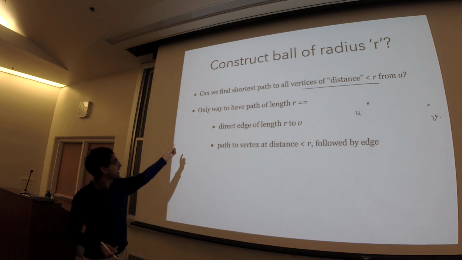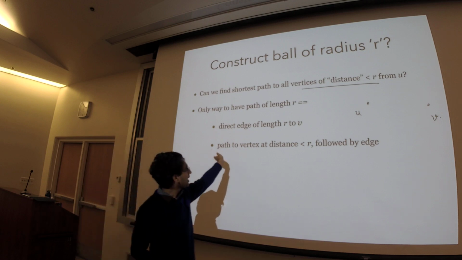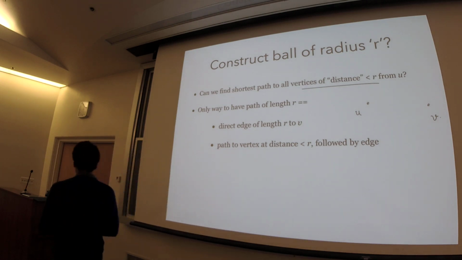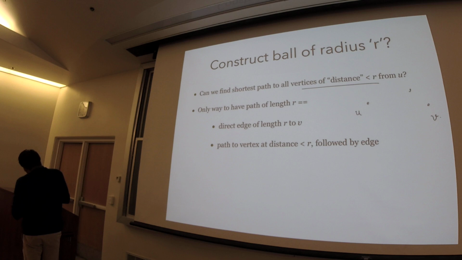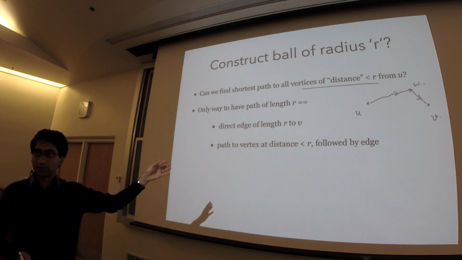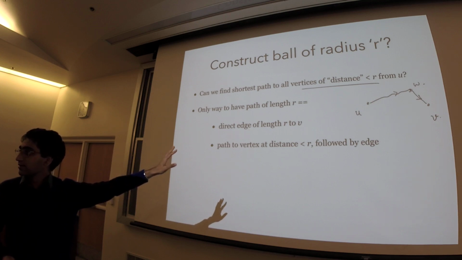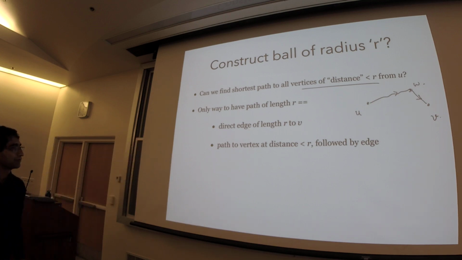So you either have an edge of length r, or you have a path to some vertex that's at a distance less than r, followed by this edge to v. So this is another obvious fact, because all edge lengths are bigger than 0 in our setting. Right? So this is the only way you can get from vertex u to vertex v.